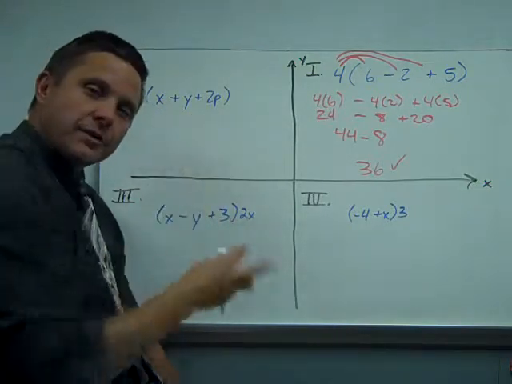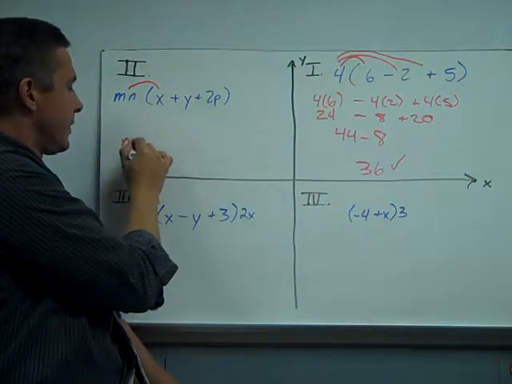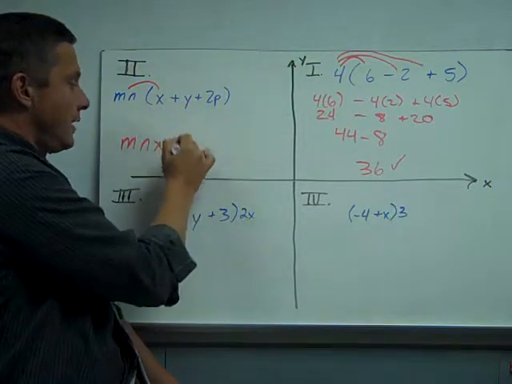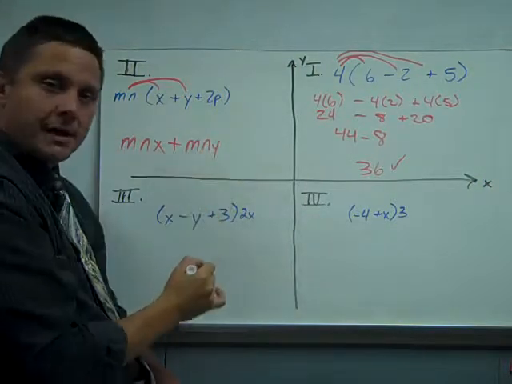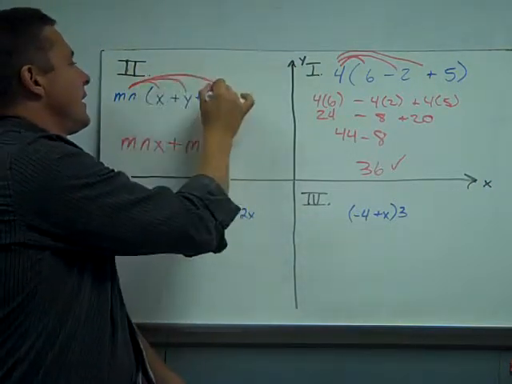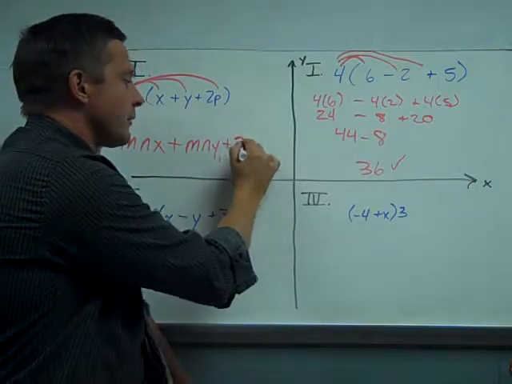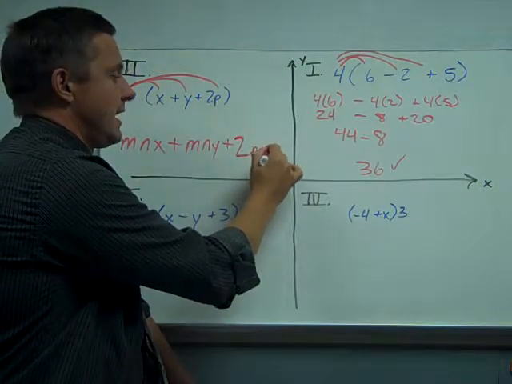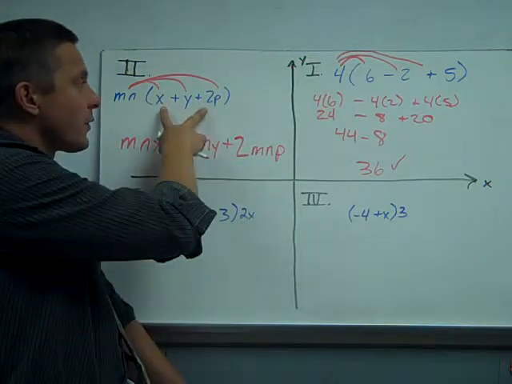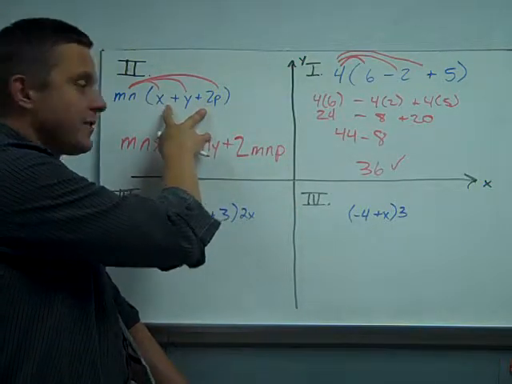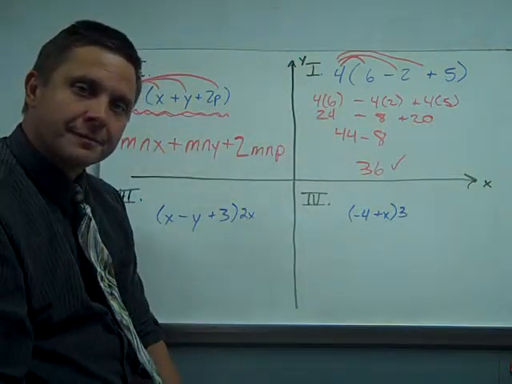So I know my final answer is going to have 3 terms when I distribute. mn times x, I'll just write that as mnx, plus mn times y, mny, plus mn times 2p, but I like to put the number first as a coefficient, 2mnp. 3 terms in my final answer because there were 3 different terms inside the parentheses. But again, realize this expression, as it stands, is one term.